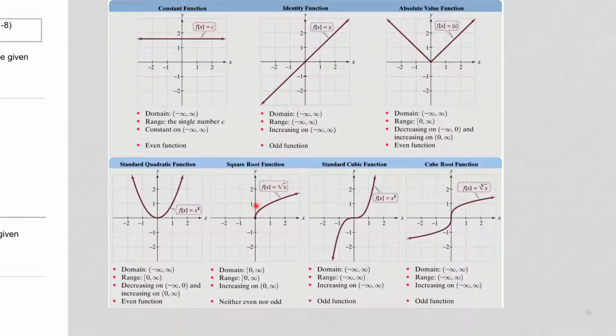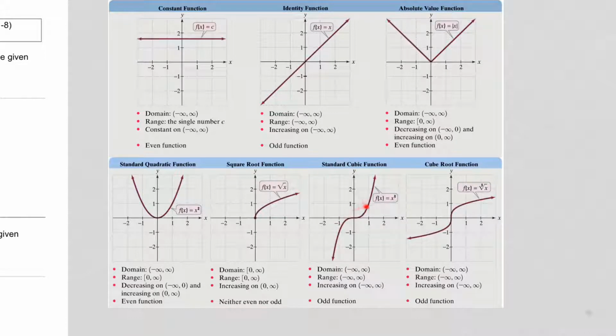We have the square root function, which is only in quadrant 1. If you put a negative in front of that, it reflects down over the x-axis. If you put a negative inside the radical, it reflects over the y-axis.